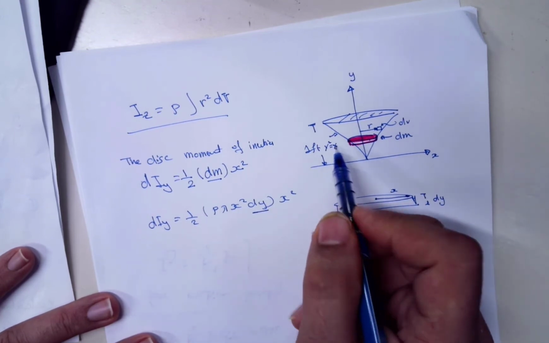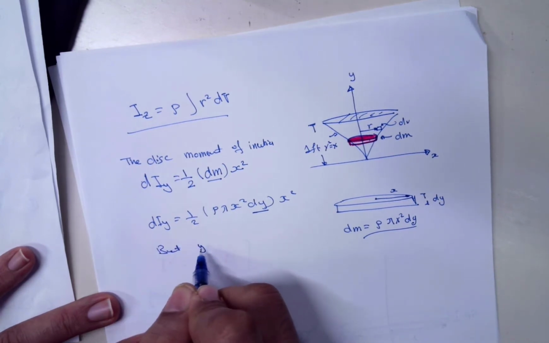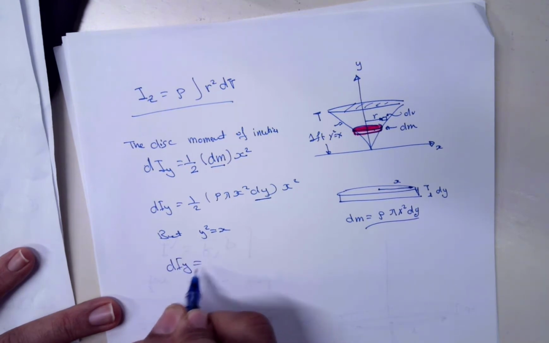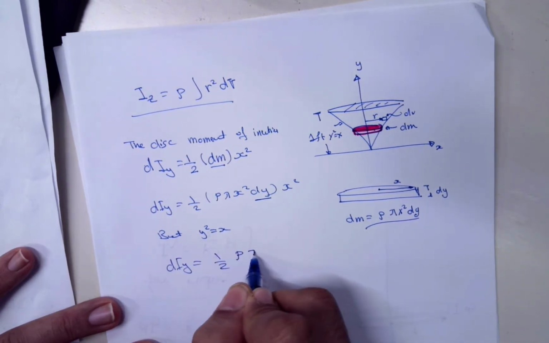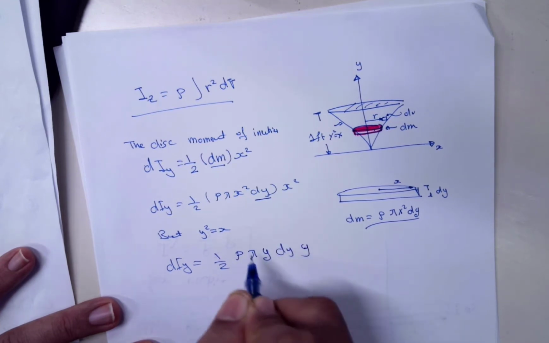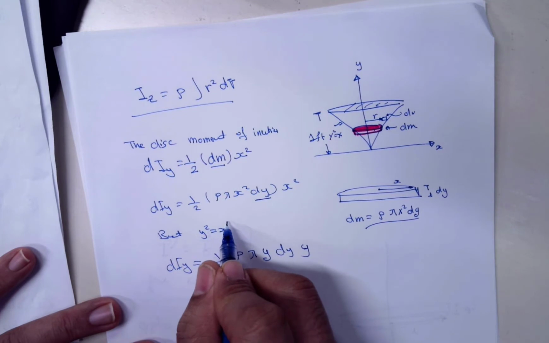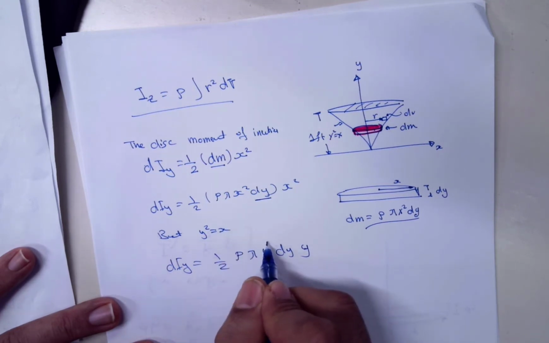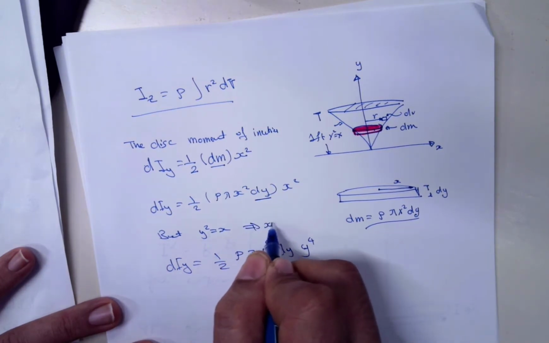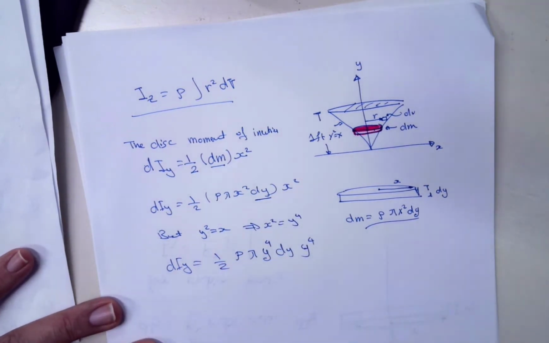Since the relation is given to you, y squared equals x, we need to square both sides, so this is y to the power 4, therefore x squared equals y to the power 4, right? So I just replaced x squared with y to the power 4, and then we have that.